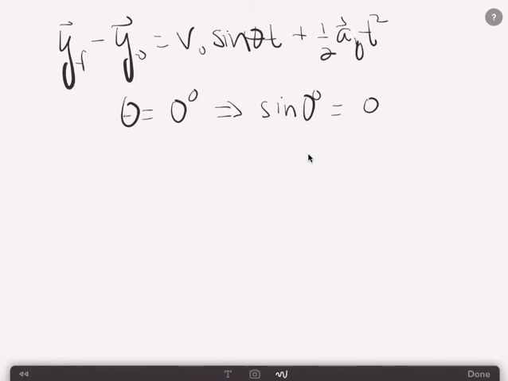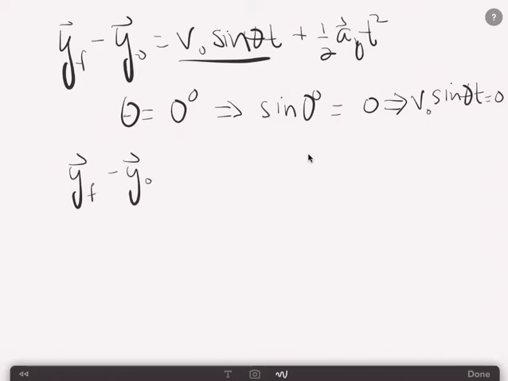So if this is 0, this further implies that V naught sine theta times T is 0. So this entire piece just goes away. So we end up with YF minus Y initial equals 1/2 A sub Y times T squared.